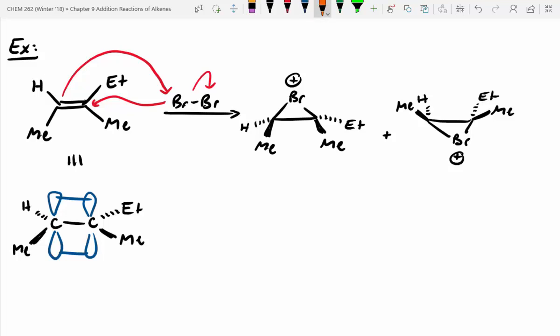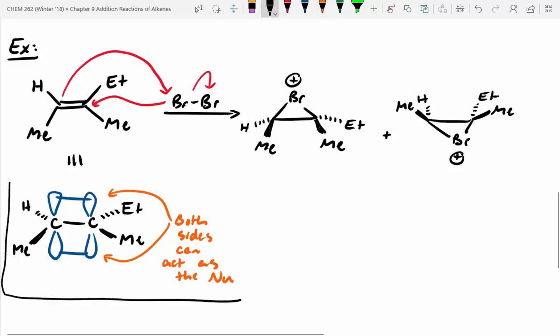So that bromine can go on the top face of that pi bond or on the bottom face of that pi bond. So let's make a note of that. So both sides can act as a nucleophile. Does that make sense? So we do have these intermediates.